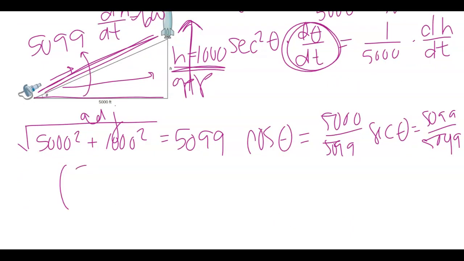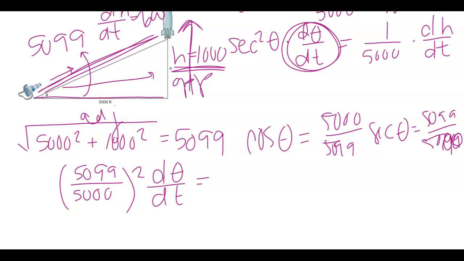So I get 5099 over, oops, that should be 5,000. I'm solving this for d theta dt. And dh dt is 600.